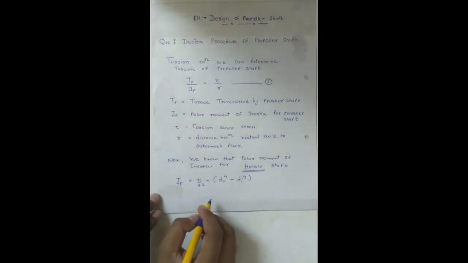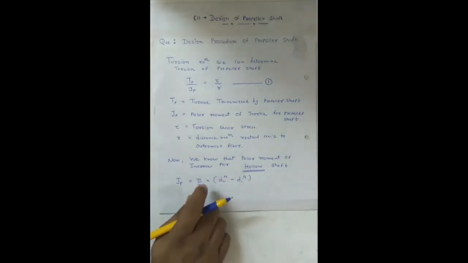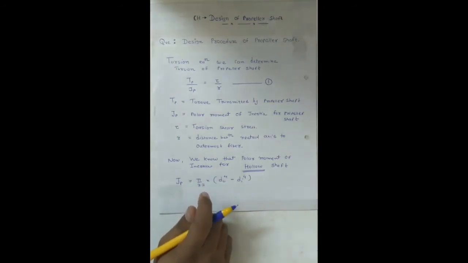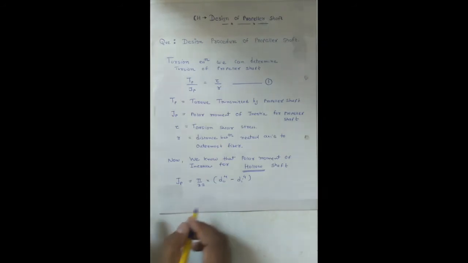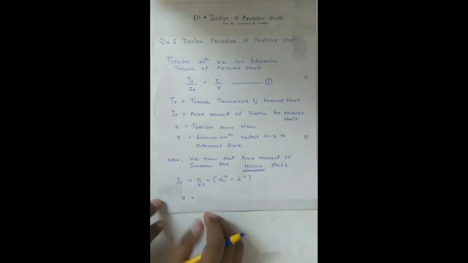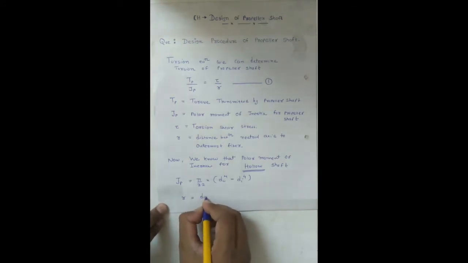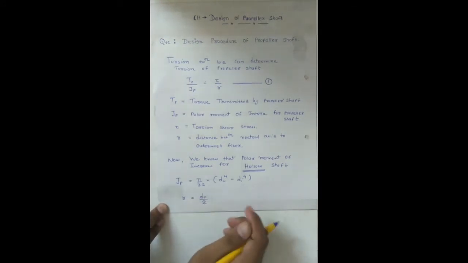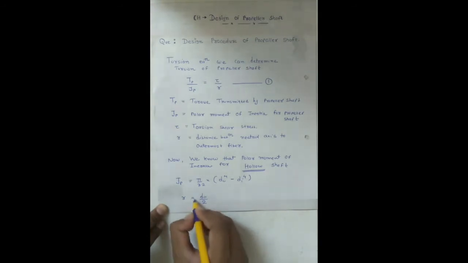Next, R is equal to do divided by 2, so consider R equal to outer diameter by 2.